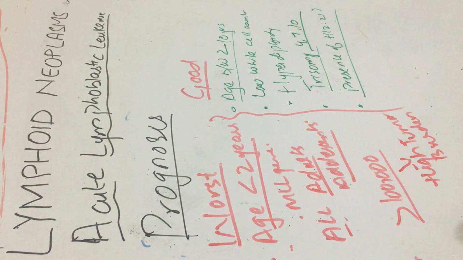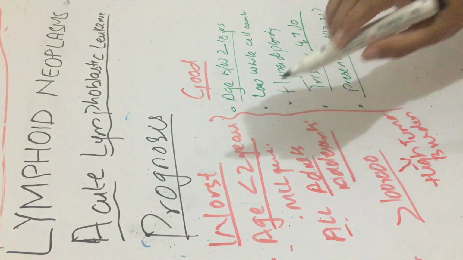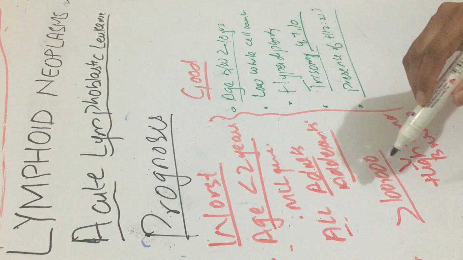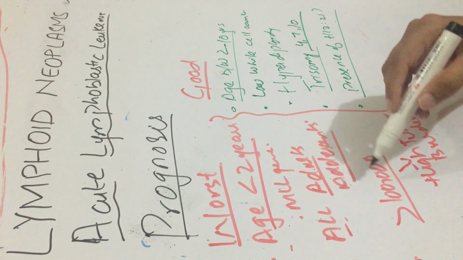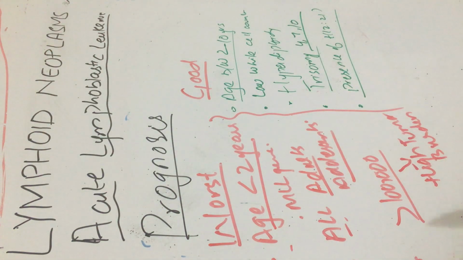So I will again give a review of what the worst prognosis is and which patients have a good prognosis. If age is less than 2 years, in adults and adolescents, and if the peripheral blood blast count is more than 100,000, these patients have a worse prognosis. But if the acute lymphoblastic leukemia occurs between the ages of 2 and 10 years, they have a good prognosis.